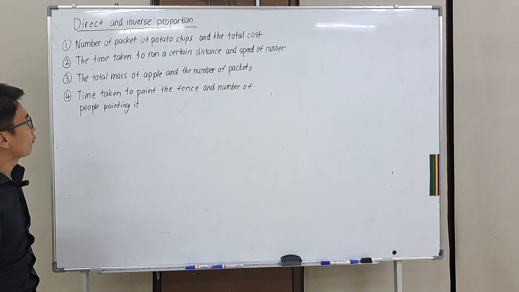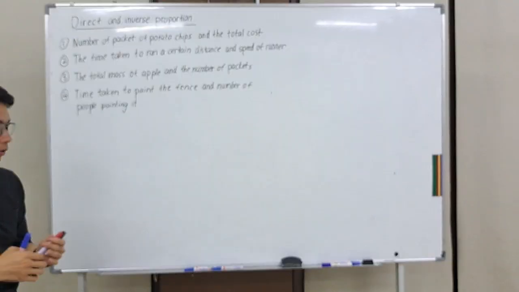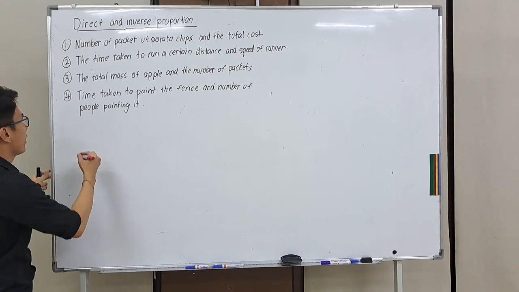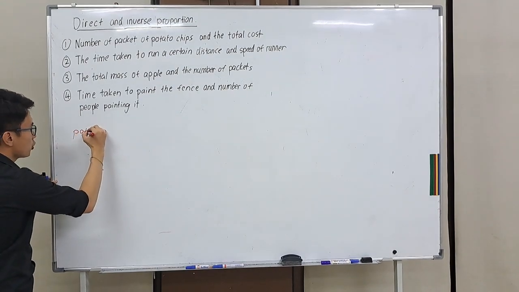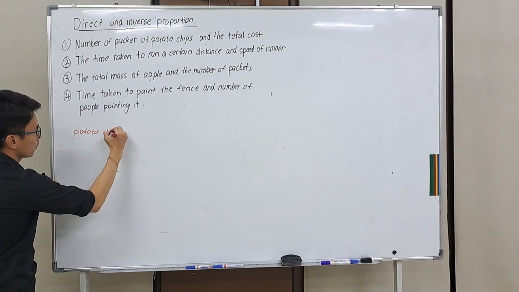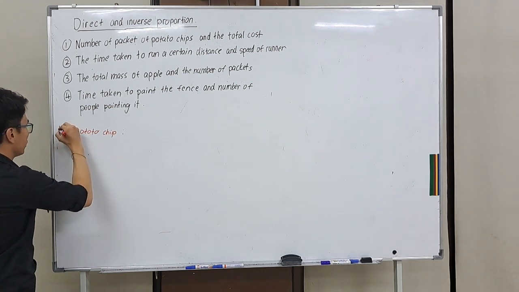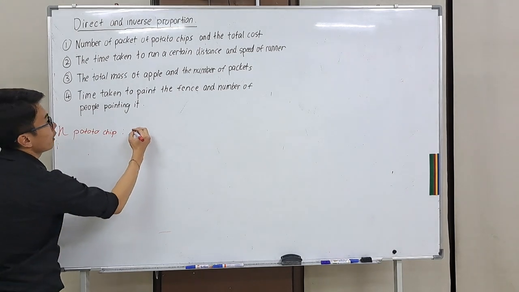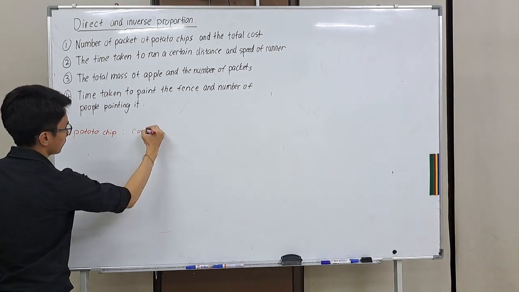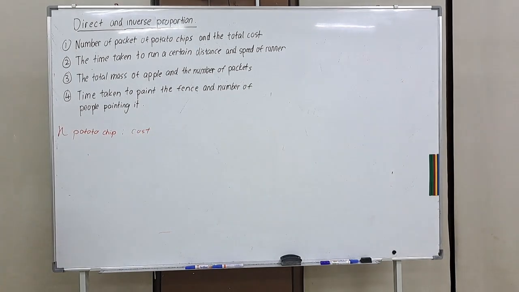The number of packets of potato chips and the total cost. Okay, so again, I have my potato chips. I have the number of packets of potato chips and the cost. Correct? Now think about this.